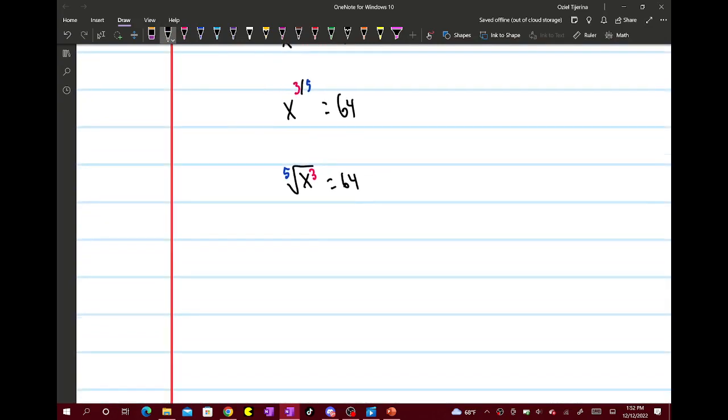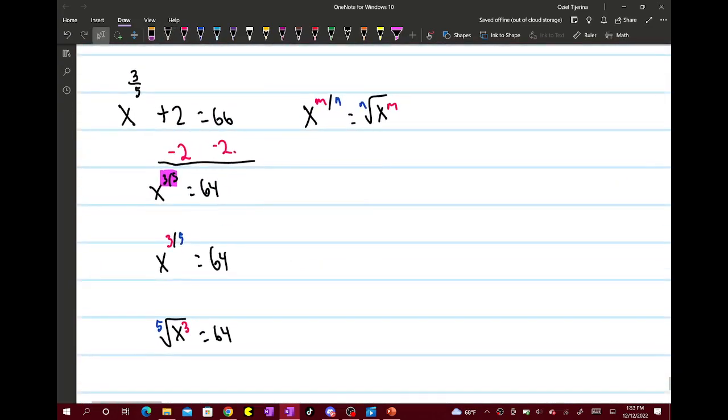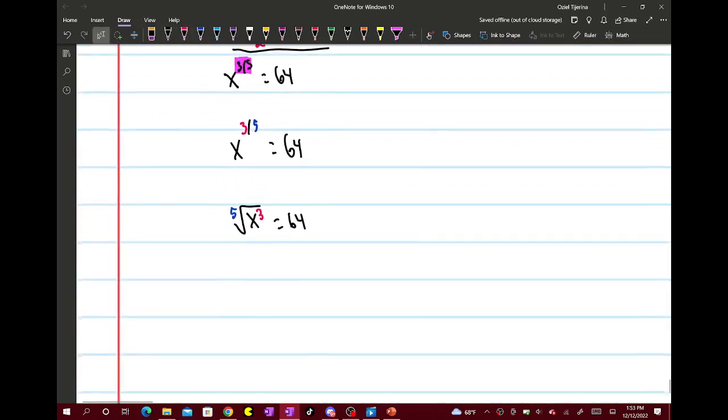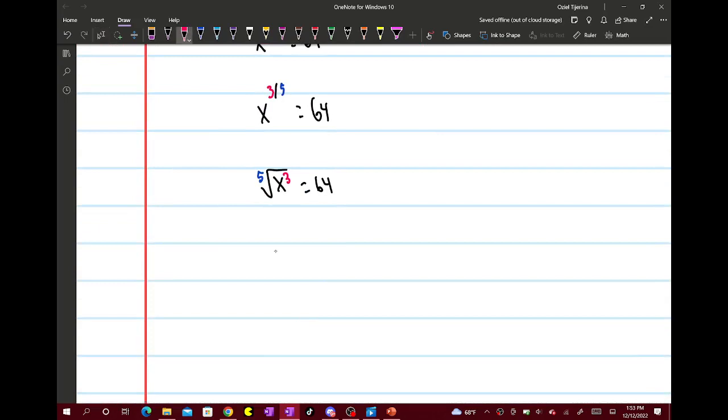Another thing is this also means the nth root of x, and then all raised to the m power. So we can say this is equal to the 5th root of x, and then all cubed, equal to 64.